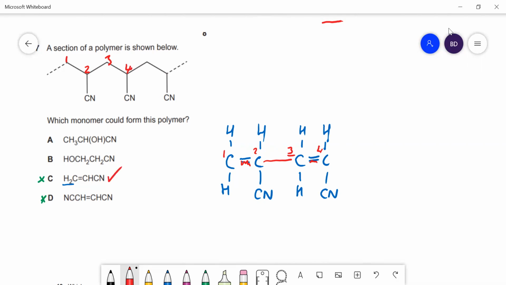Let's just check D is the wrong answer. Let's see why. I'll do it in green here. That's not green, that's red, but let's do that. Okay, so we've got an H and a cyanide on both carbons.